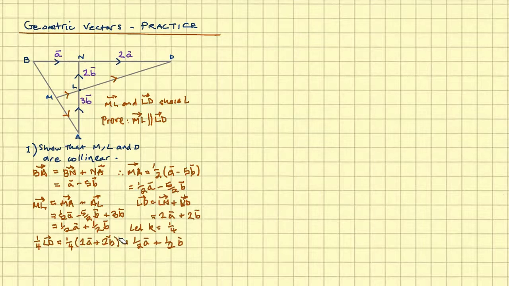Okay, let's just tidy that up a little. There we go. So, therefore, I've proved that ML must be parallel to LD, and we can just put as required, which is what we needed to show. So that completes the proof for part 1, and now we can move on to part 2.